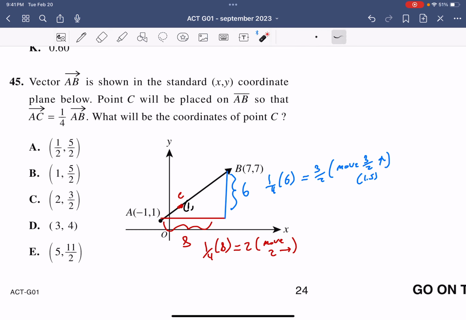And if I'm starting at +1 for my height and I need to move up 3/2 or move up 1.5, and I'm moving up from 1, then my new position is 2.5. My new position is 2.5, and 2.5 is the same thing as 5/2. So that would be the new coordinate of C. So our answer for this one is B.